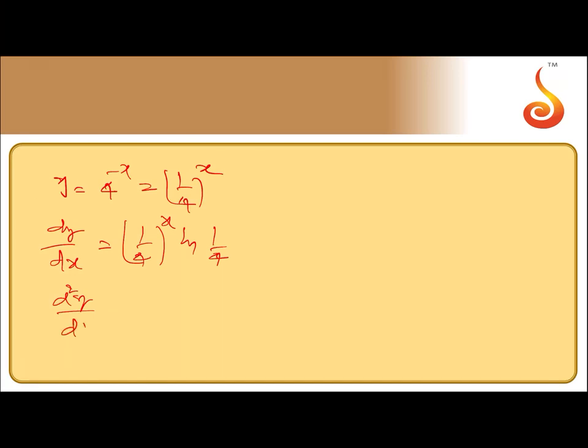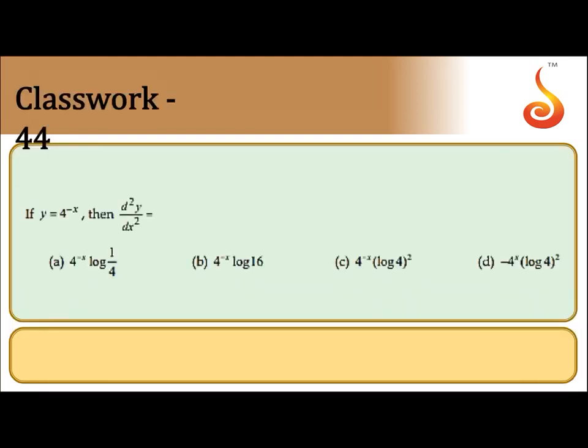One more time when you find the derivative, 1 by 4 to the power of x into log 1 by 4 into log 1 by 4 will become a whole square. That's nothing but 4 power minus x multiplied by log 4 taken whole square. So 4 power minus x into log 4 whole square. Answer is C, second order derivative.